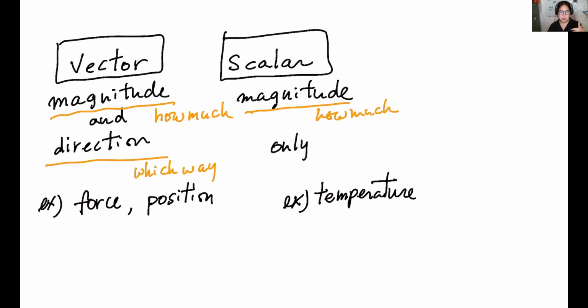It has the value, so it's positive. But in the case of temperature, there's a negative 10 Celsius, let's say. But when it says negative, it's not that it's changing its direction. It's just that the value is lower than 0. So even when you hear negative, it doesn't always mean a direction. The temperature is only expressing the magnitude. It has no information about direction. So therefore, temperature is a scalar quantity.